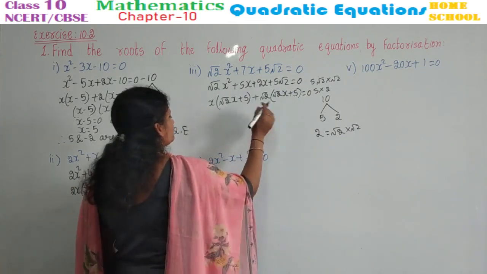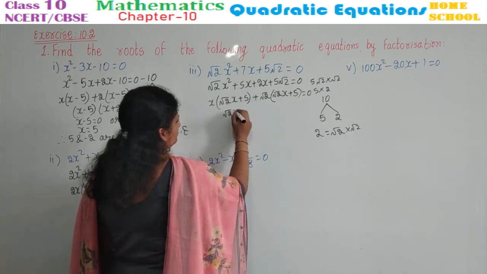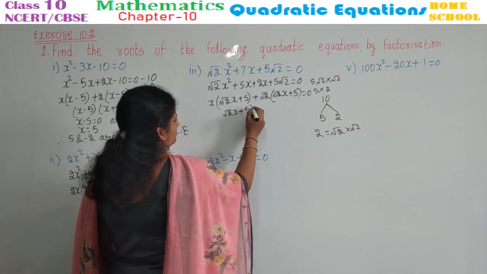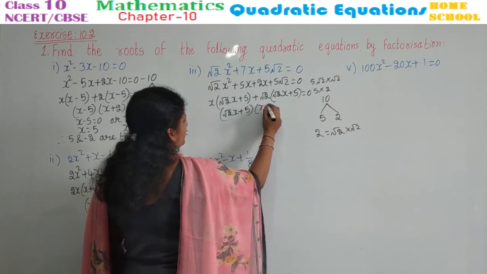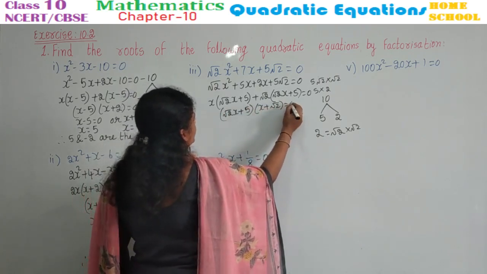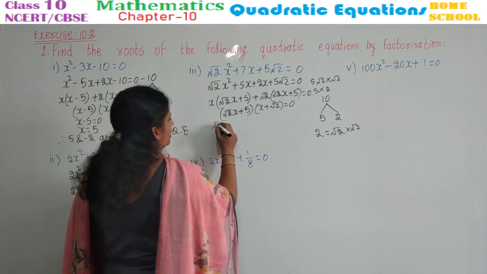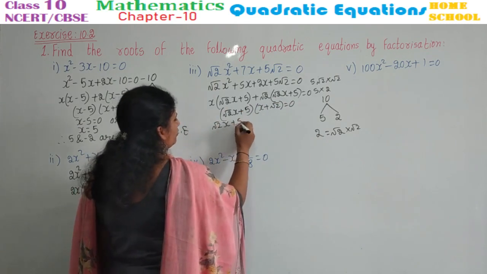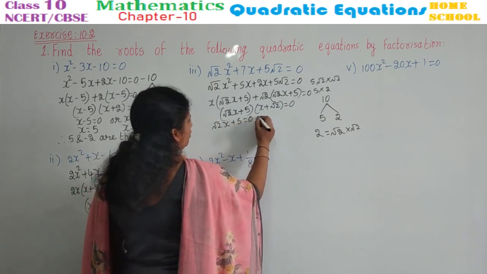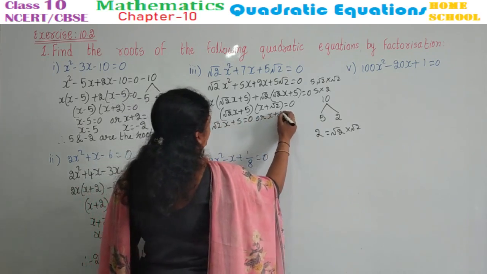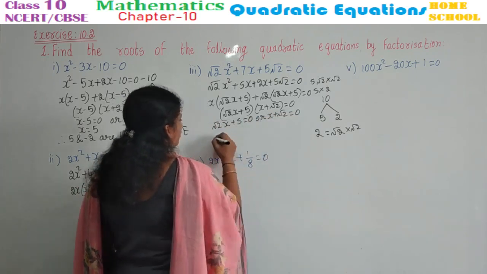Now again root 2x plus 5 is common, and x plus root 2 is equal to 0. Now equate to 0: root 2x plus 5 equal to 0 or x plus root 2 equal to 0.